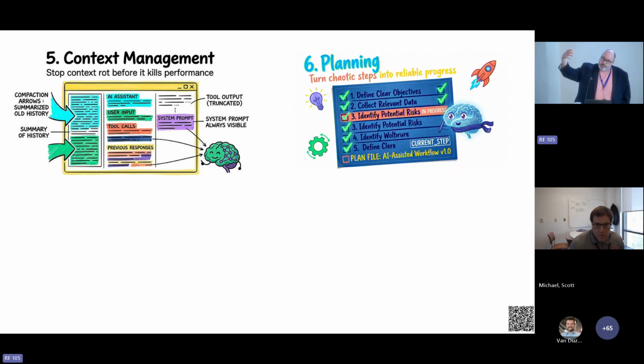Then you tell it, okay, I approve of your approach, now go and do the task. Planning relates to that phase of the AI helping to lay out the plan, the steps it takes to get a project done. Again, you can see all of these, context, planning, memory, are methods to try to keep AI focused and improve the likelihood that it's going to perform the task successfully that you've given it.